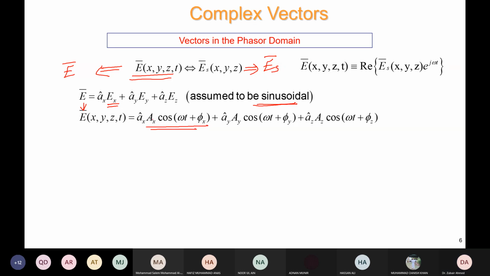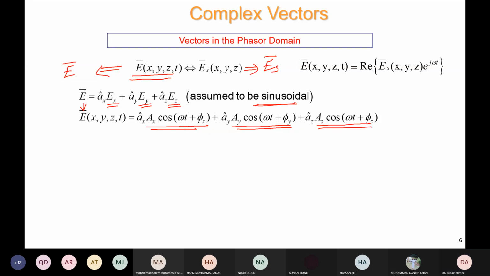So AX is the magnitude and phi x is the phase, so EX is varying sinusoidally. Similarly, EY can also be written as AY cosine of omega t plus phi y. So AY is again the amplitude and phi y is the phase. Similarly, this scalar component EZ can also be written using the sinusoidal assumption with magnitude AZ and phase phi z.